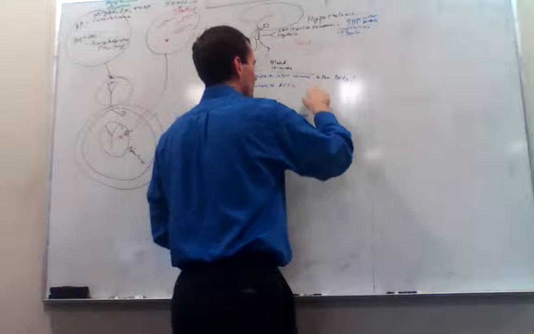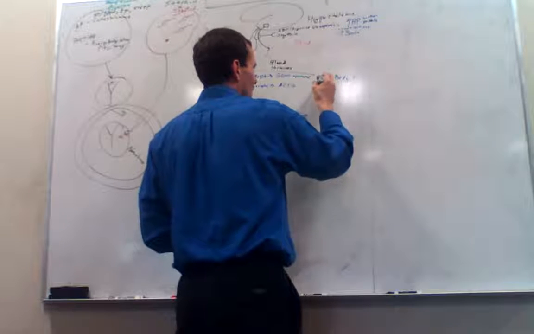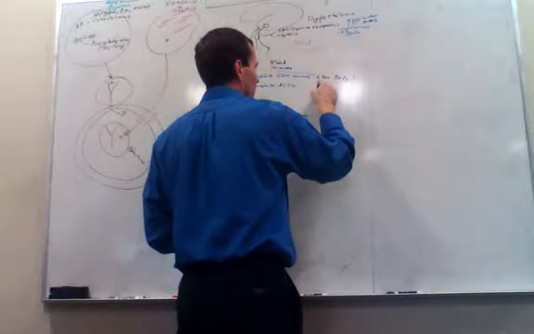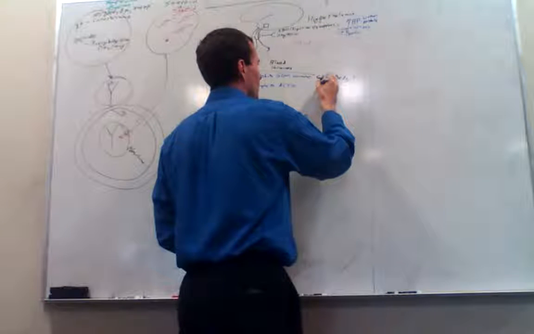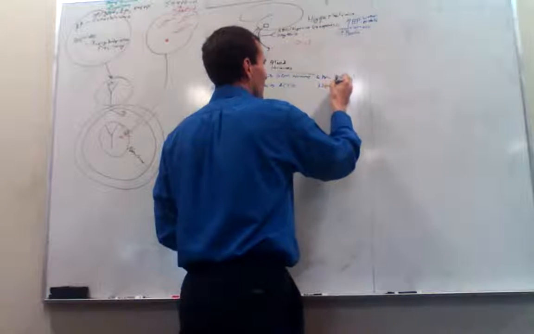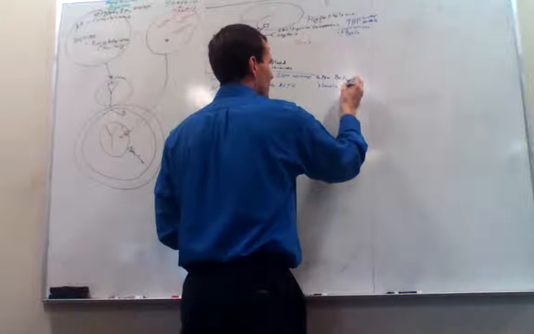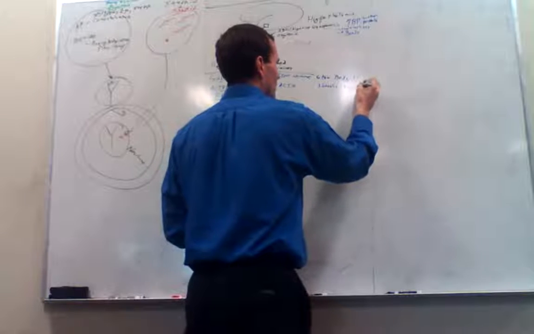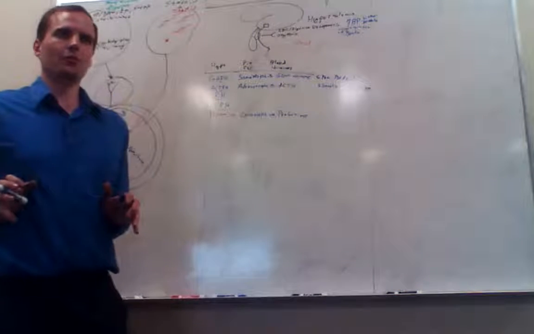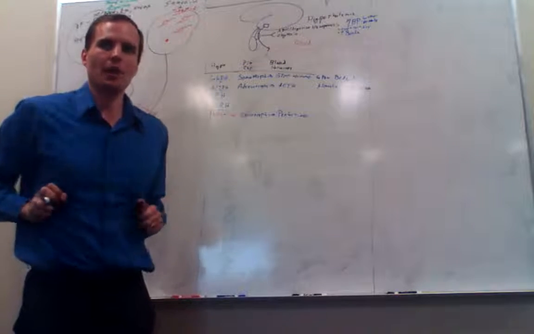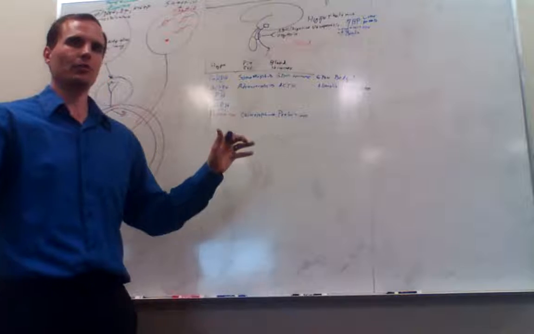Excuse me, not releasing, but ACTH. That is going to go ahead and release, let's see, how can I put this? It'll give you an adrenaline rush. Adrenaline, so epi and norepi. So your adrenals are where your adrenaline is stored, your epinephrine, norepinephrine, and that will be released so that you can fight or flight.